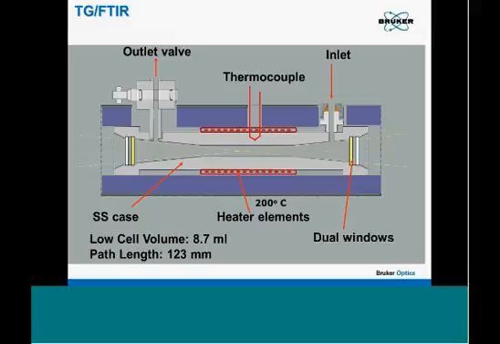And we also have a special dual window cell. The front window is made of KBr, and the second window is zinc selenide. This particular dual window setup allows us to keep the temperature constant and homogeneous across the windows and also inside the cell.